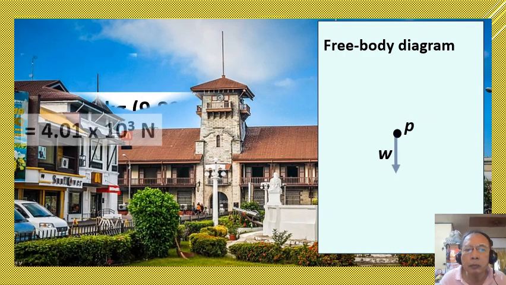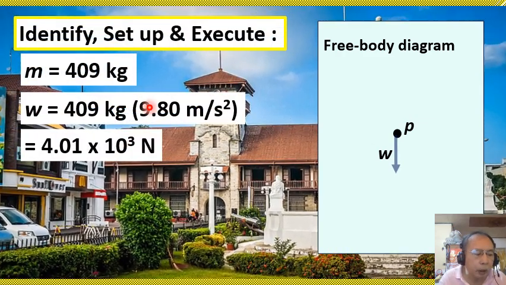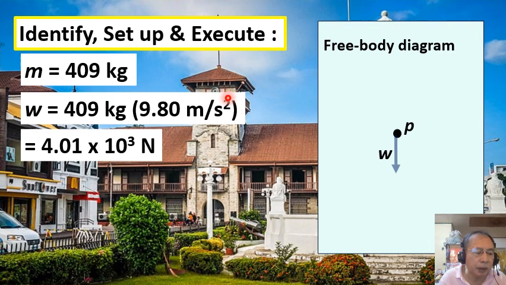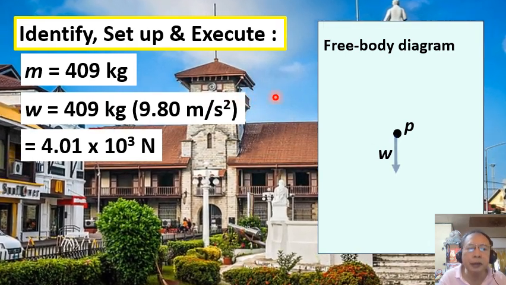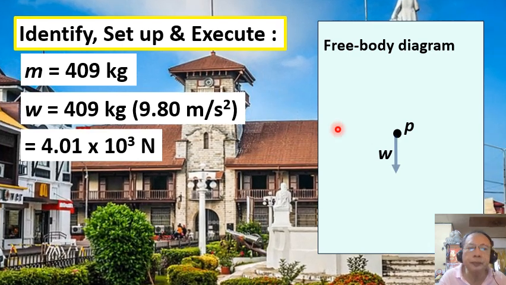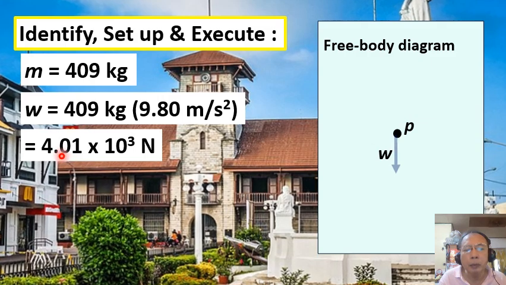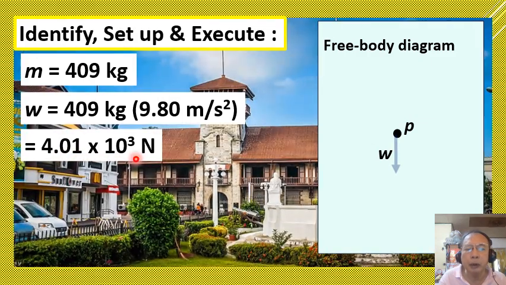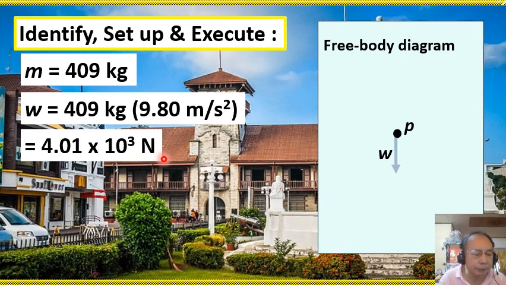So moving on, with our solution, we have the mass of the truck engine equal to 409 kilograms, and its corresponding weight W is computed and is equal to 4.01 times 10 to the third power newtons.